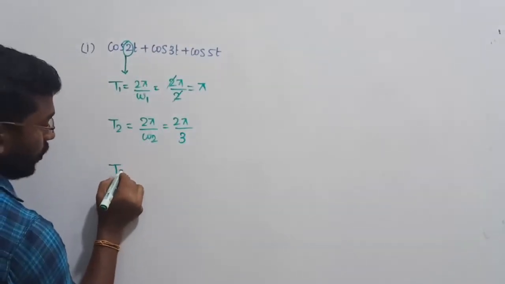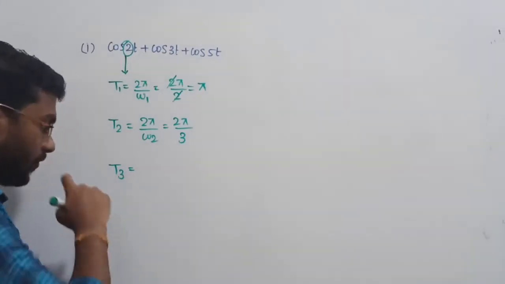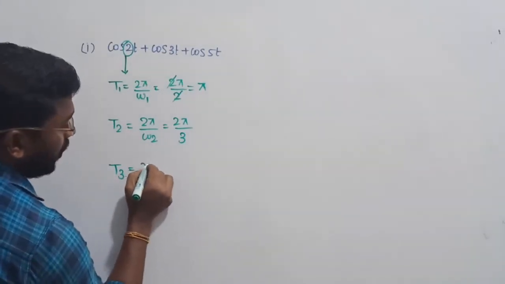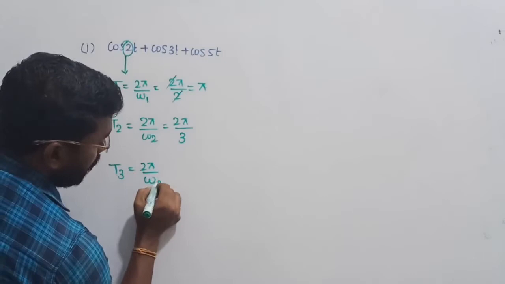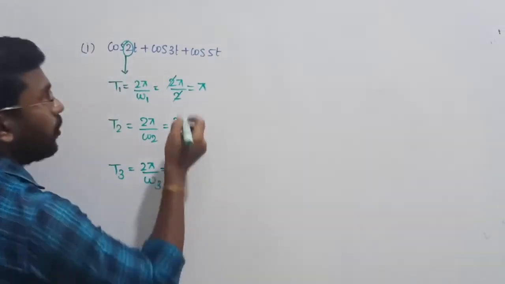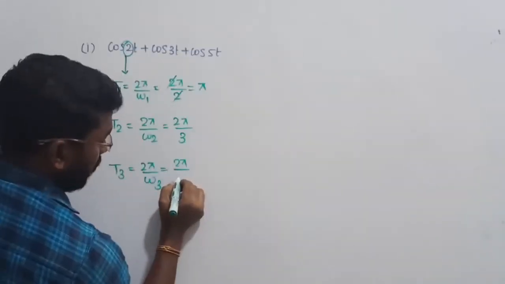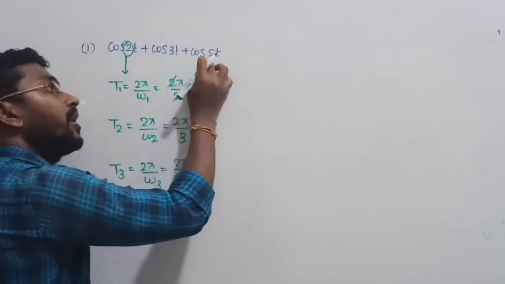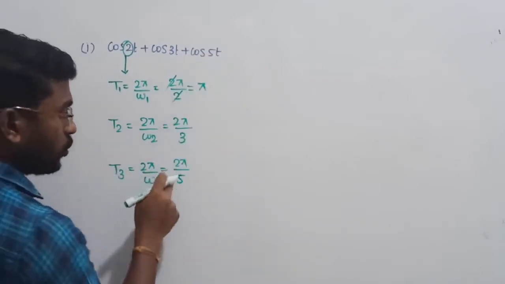Again, find T3: T3 is 2 pi by omega 3, for cos 5t, where omega is 5, so T3 is 2 pi by 5.